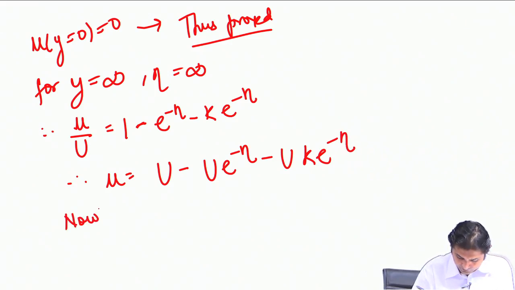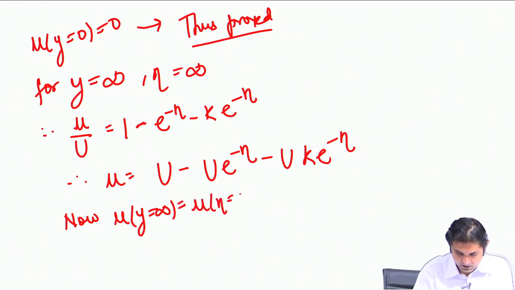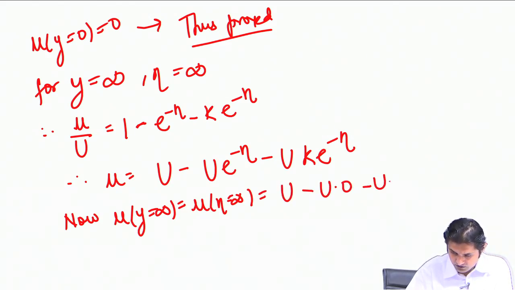Now, u at y equal to infinity is equal to u at eta equal to infinity, which is U minus U into 0 minus U into k into 0.